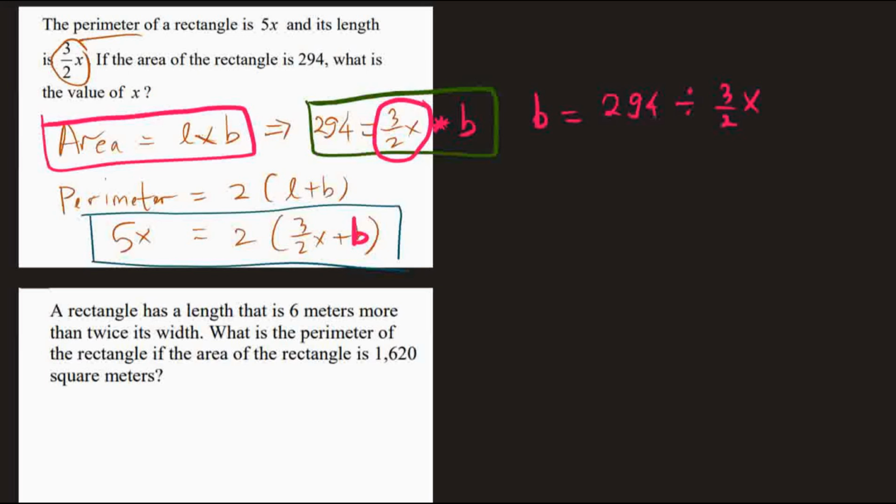Now b is equal to 294 times, when we divide a fraction it becomes times 2 over 3x. So 3x over 2 becomes 2 over 3x.